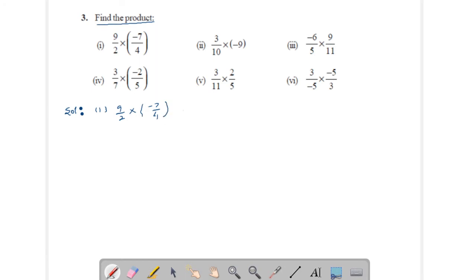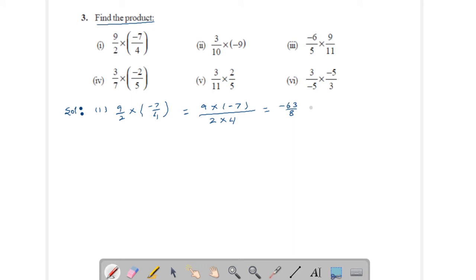Here, multiply numerator by numerator. That is 9 into minus 7 upon 2 into 4. You will get 9 into minus 7, minus 63 upon 8.